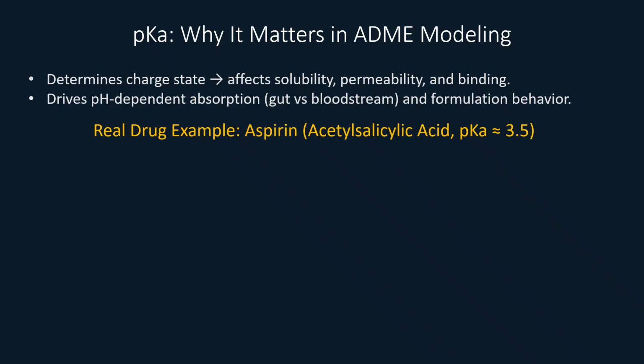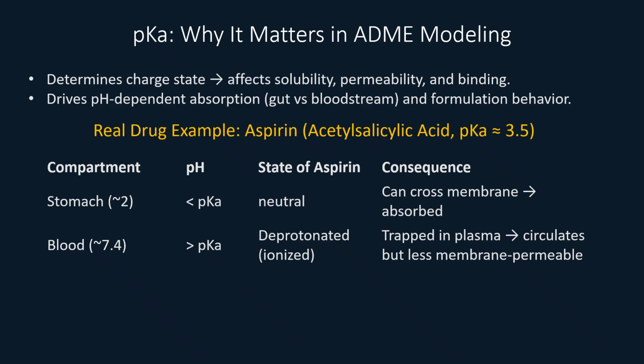Now, let's follow the drug through the body. You take it orally, and then aspirin enters the stomach, where the pH is highly acidic, around 1.5 to 3, that we just saw in the previous slide. In this environment, the pH is below the pKa.